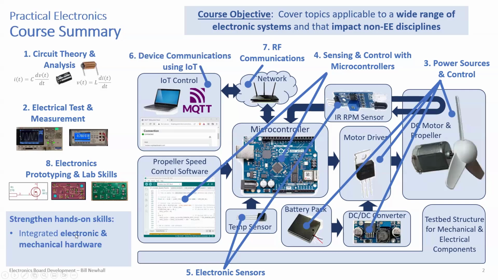So I hope there was some interface and overlap between the electrical world and the mechanical world in lab. And then we got you into doing software and processing signals from sensors, right? And then we rolled that up all into one project that had a closed loop system and wireless communications. Okay, so I think we achieved the objectives.